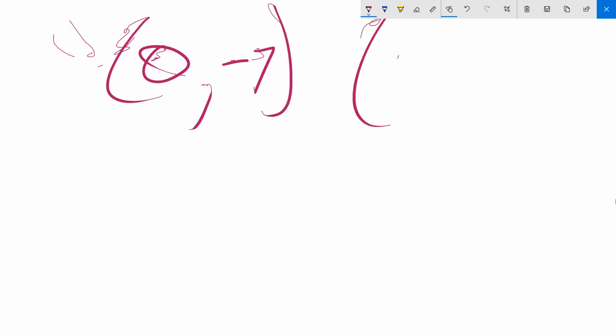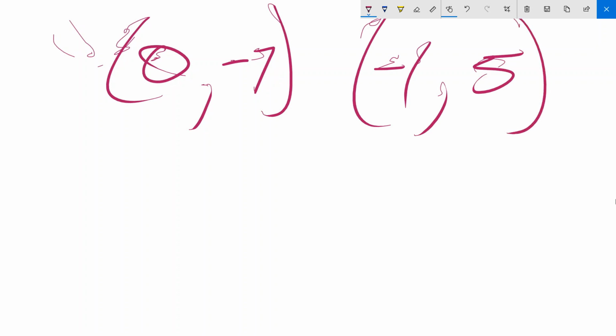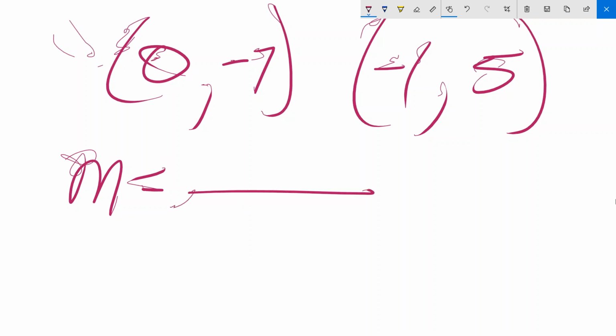There's one point. There's another point. Tell me the slope. And give it to me specifically. In other words, tell me what y sub 2 is, what y sub 1 is. In other words, what's the numerator going to be? 5 minus -7. And use parentheses whenever you have something like that. Okay.